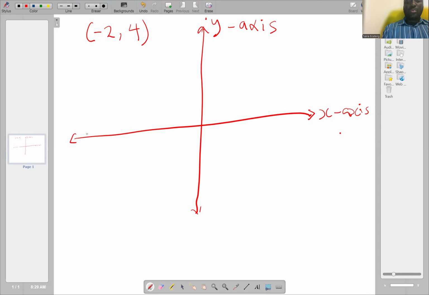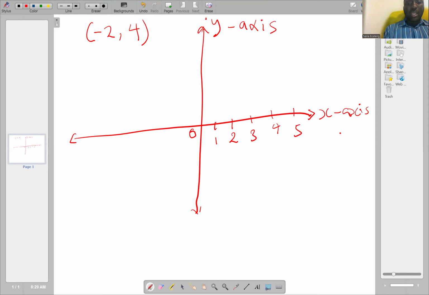And next we put some points on the x-axis and the y-axis. For the x-axis, we can choose numbers like 1 to 5, and the origin is 0 here. So 1, 2, 3, 4, 5.